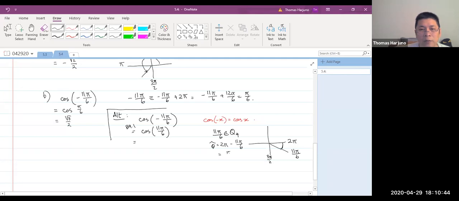That's pi over 6. Cosine in quadrant 4 is positive. We usually don't write this positive down. Cosine of the reference angle. That's how we get radical 3 over 2.